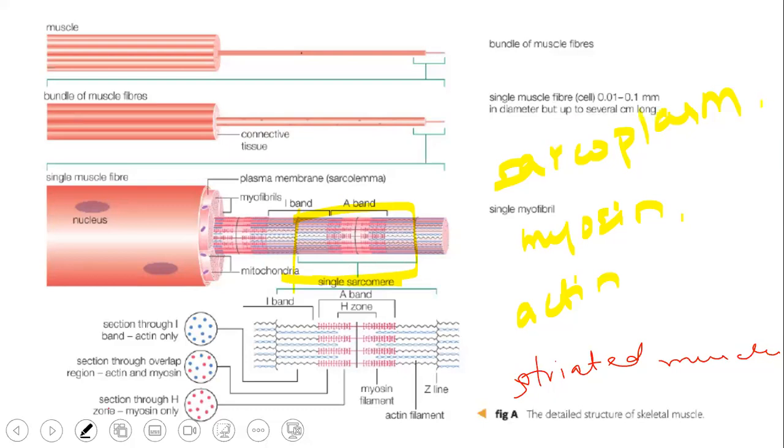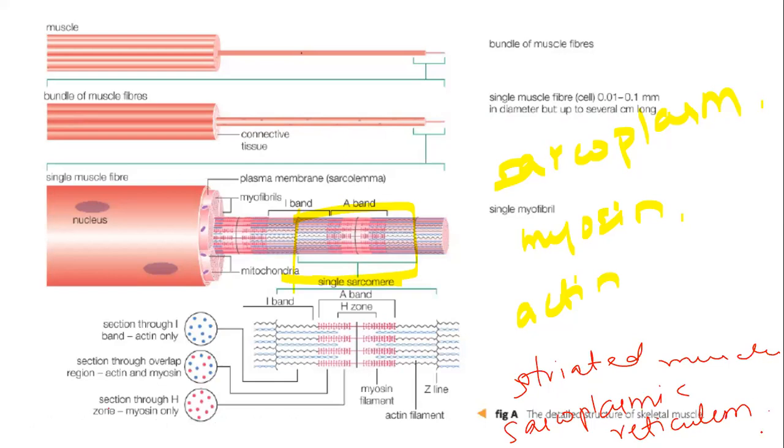Okay. The network of membranes present in the whole system is known as the sarcoplasmic reticulum. And this sarcoplasmic reticulum actually releases your calcium ions.